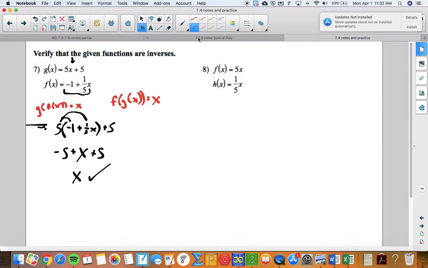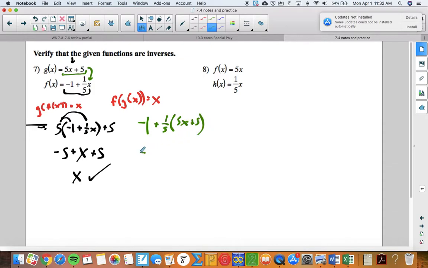But just because one maps itself back to x, it has to work the other direction as well. So now I'm going to put g of x, that function, in place of x over here. So I get negative 1 plus 1/5 times whatever x is. Now in this case, my input is 5x plus 5.